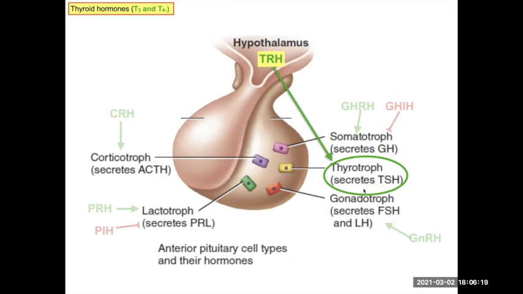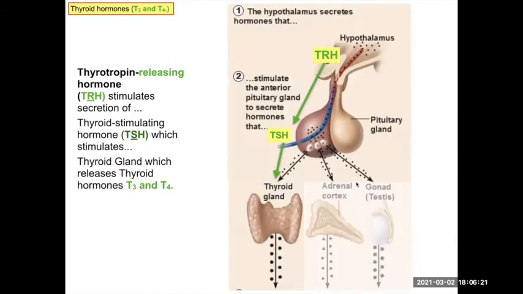And from there, we're going to go to the thyroid. So thyroid releasing hormone goes into the anterior pituitary and is going to stimulate the cells there to release thyroid stimulating hormone. That goes into the thyroid gland, which is going to release the actual thyroid hormones.